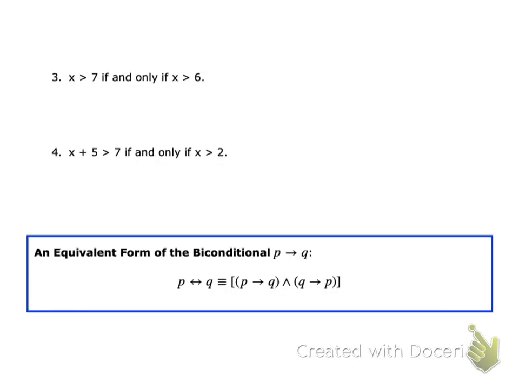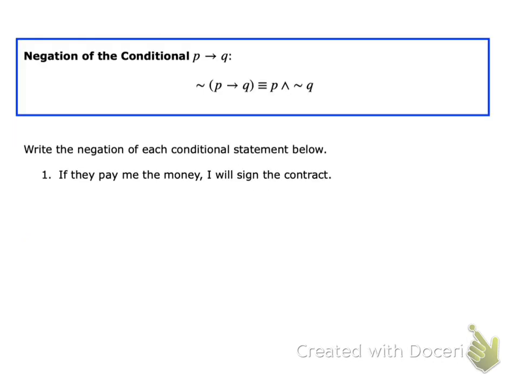All right, go back to negation of the conditional. So we're still talking conditional here. If P, then Q. If we want to negate that or take the opposite of it, we can say P and not Q, and it means the same thing.